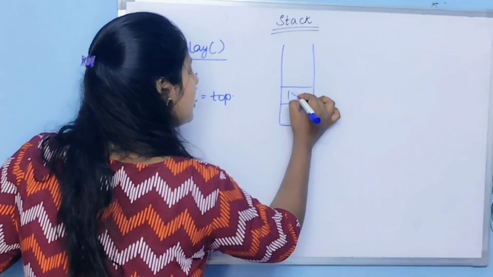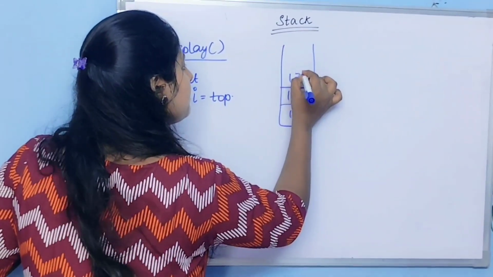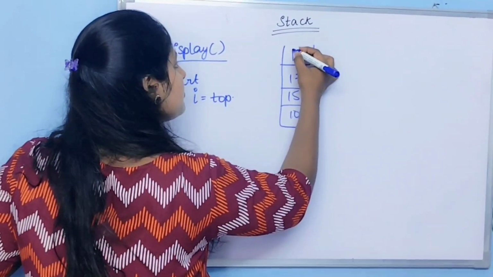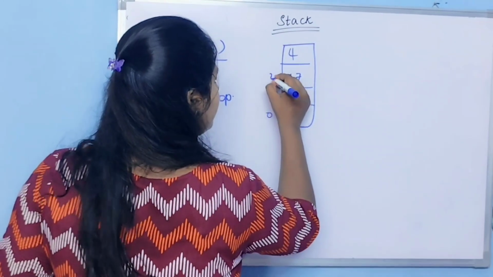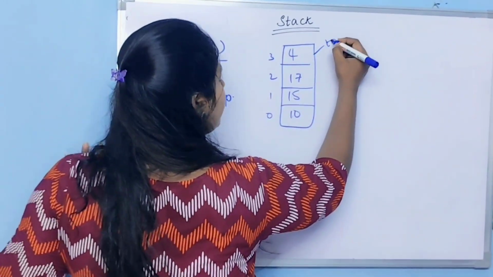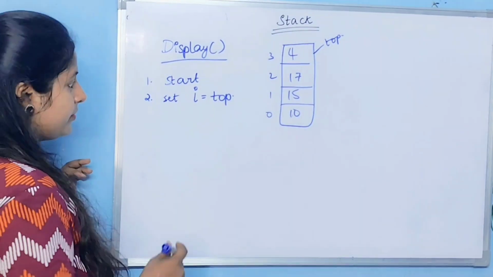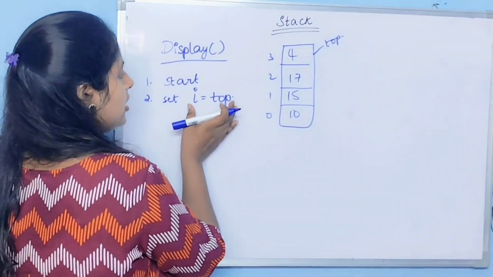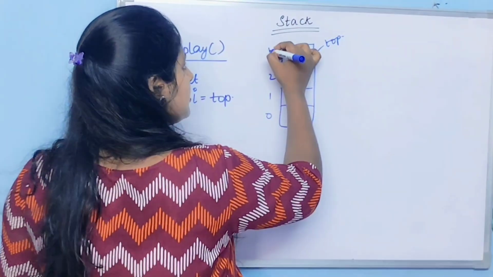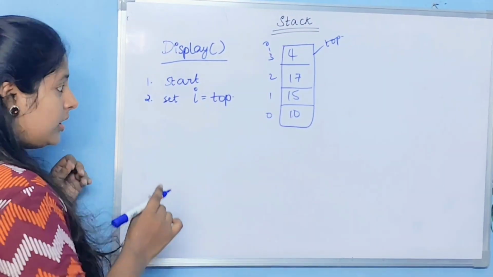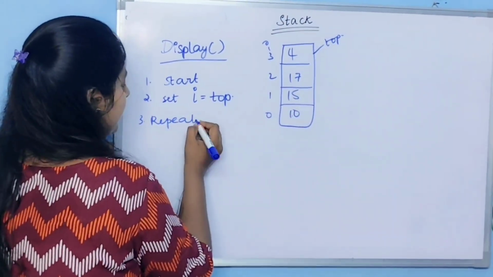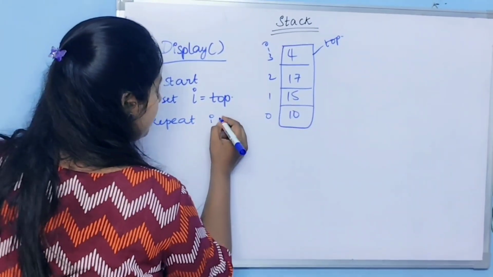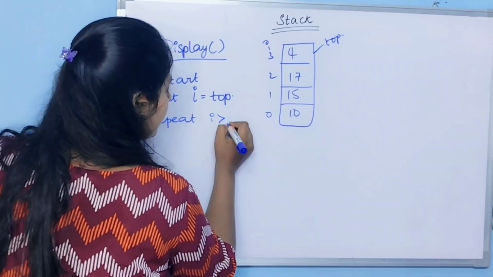Say these are my elements. Okay. 0, 1, 2, 3. This is my top right now. Okay. Now I'm trying to print these elements. Now the i value is 3. Okay. Now the next point is repeat till i is greater than or equal to 0.